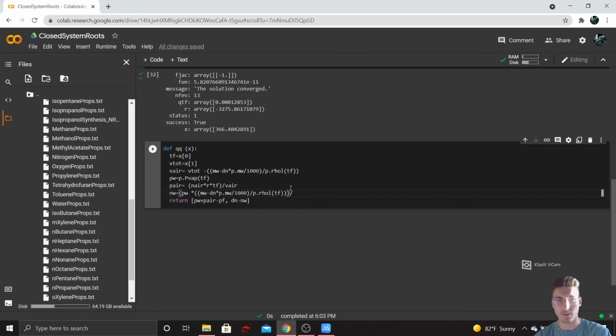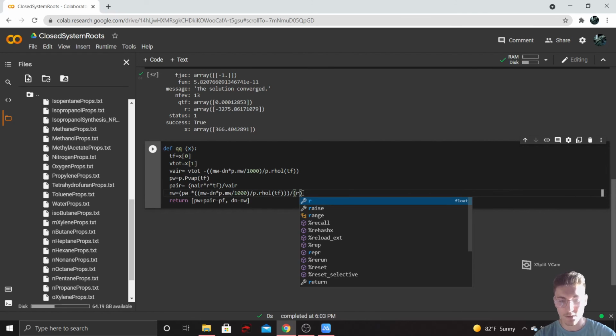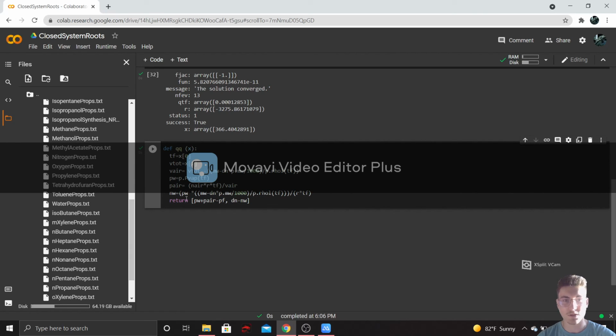Okay, sorry, I was pressing Control instead. So then now we have the partial pressure of water, so the pressure times the volume of the water, and then now we can divide it by R times the final temperature, so T final, and then if we return both of those, we should get that.